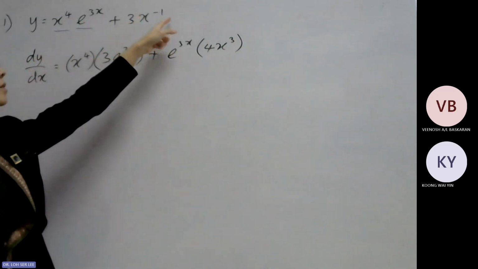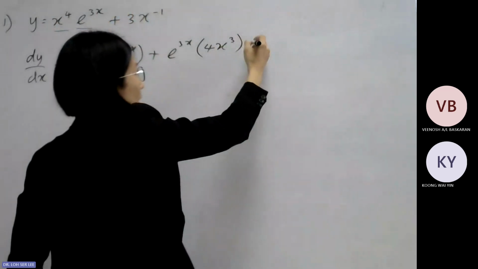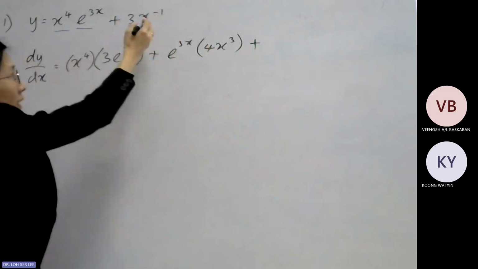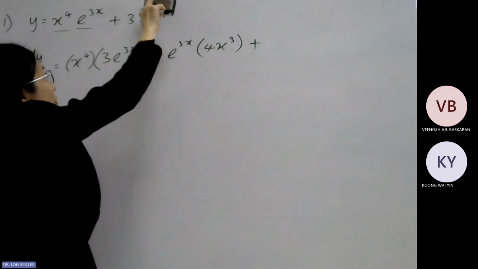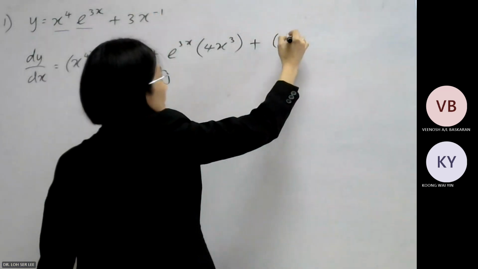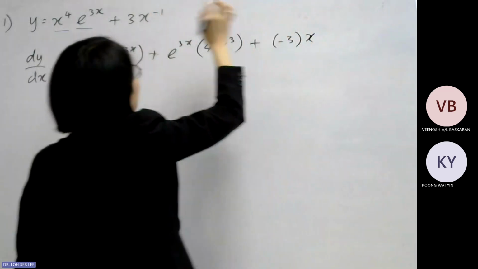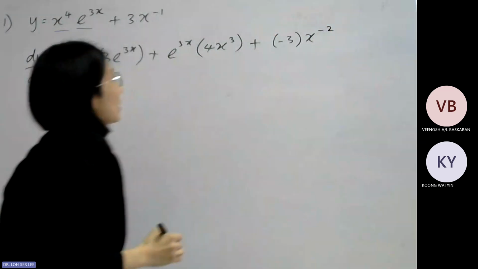And this one is just a single function, so we just differentiate directly, where the power of -1 is multiplied to the 3x, and then -1, you get a -2.